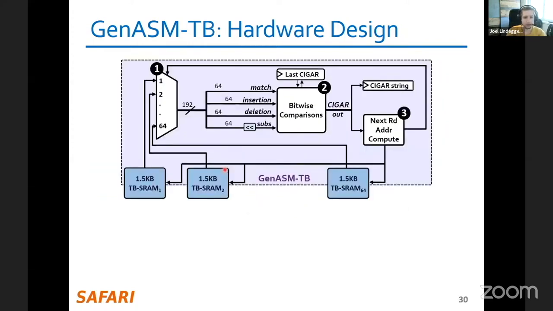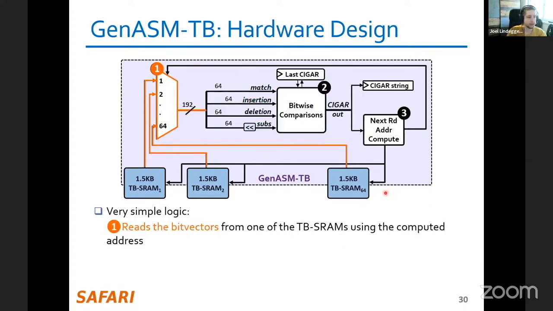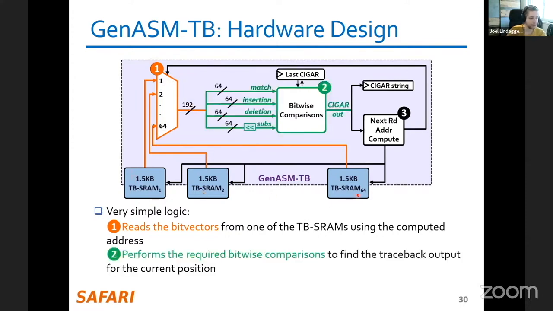So for traceback, we again have some fairly simple logic. This is the other end of the same SRAMs that I just showed. We basically read some data from each of these SRAMs. There's a mux over here that selects which data to get from which SRAM part.